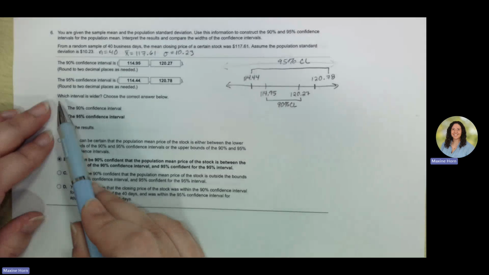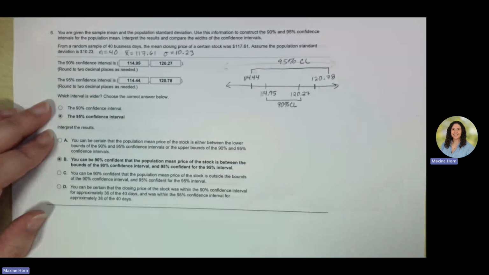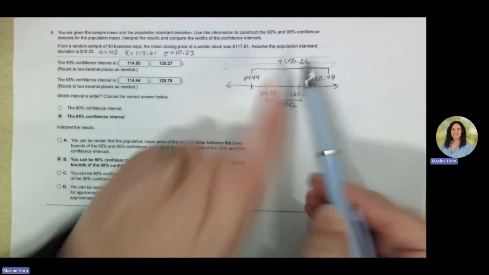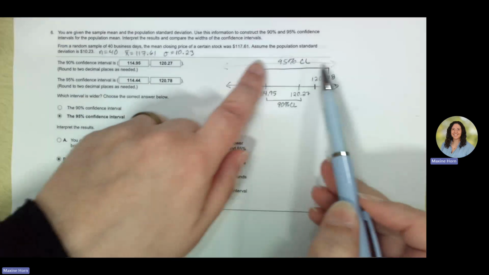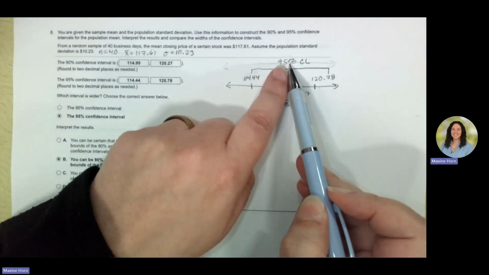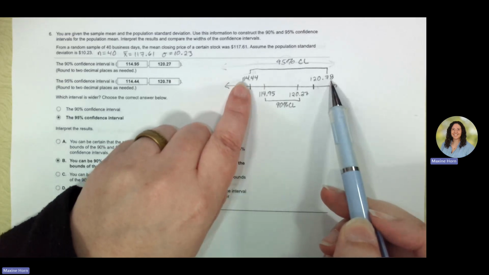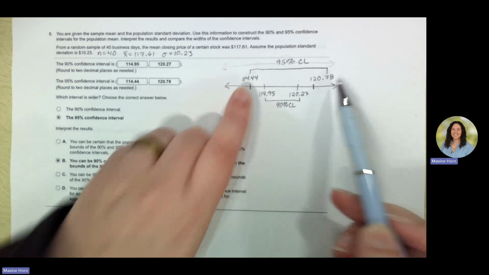Sorry, my computer is doing weird things. Okay. So first thing they say is which interval is wider? The 95% confidence interval is wider. All other things being equal, if you increase your confidence level, you are going to end up widening your interval if everything else stays equal.